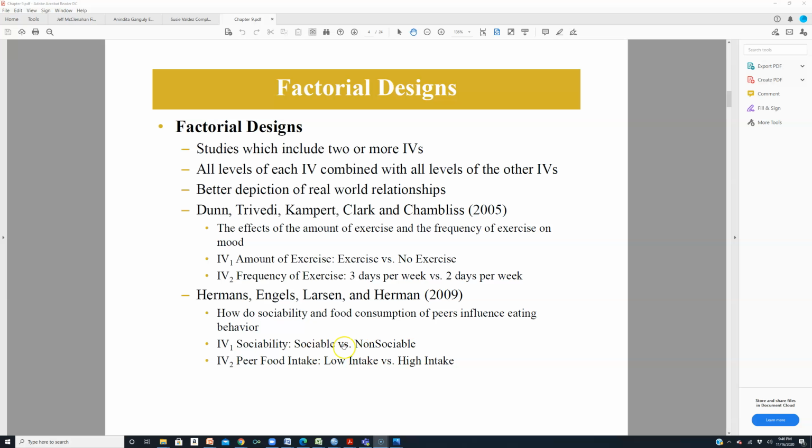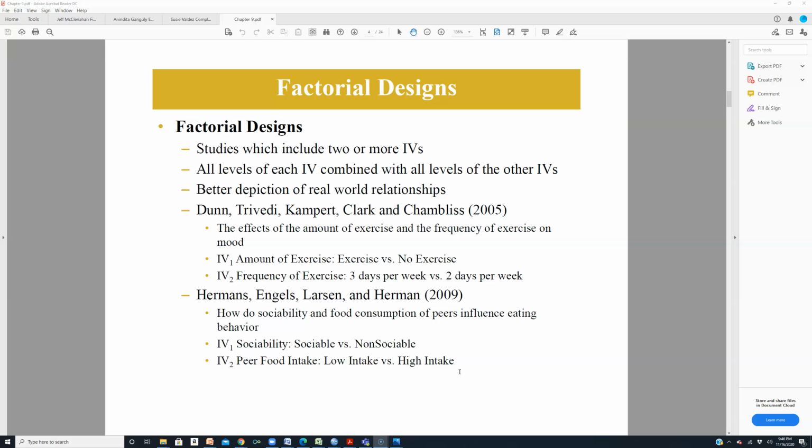You can have a sociable peer that is eating a lot, like a bowl of M&Ms. How much does that influence how I eat? A non-sociable peer that's not eating a lot, and then a non-sociable peer that is eating a lot. I can see across those 4 conditions how that is impacting my eating.